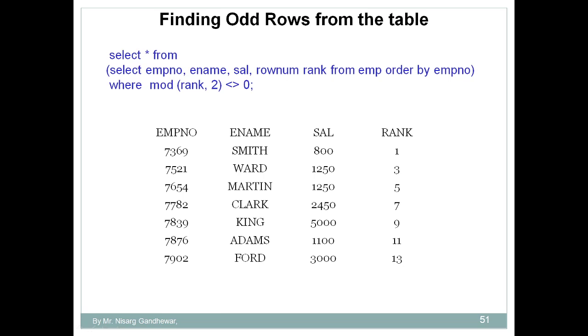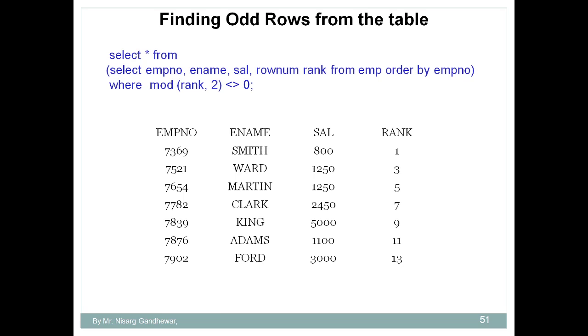If you remember, rownum is one of the pseudo columns that is attached with every table. Whenever we are fetching a row from the table, it will assign a row number. Means for each and every row that we fetch from the table, it is assigned a row number. So rownum is a pseudo column that is attached in the employee table.